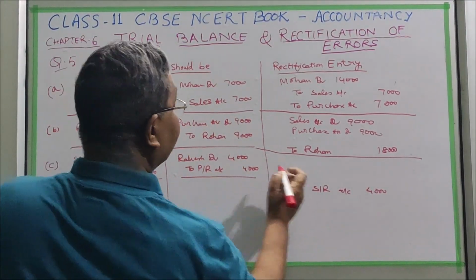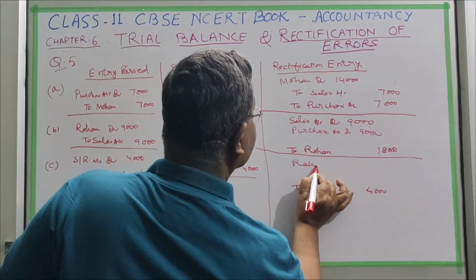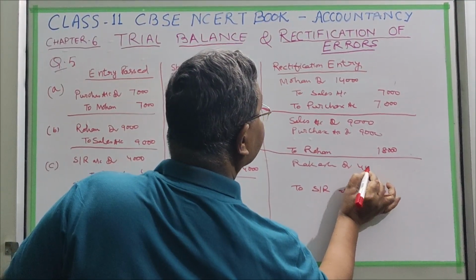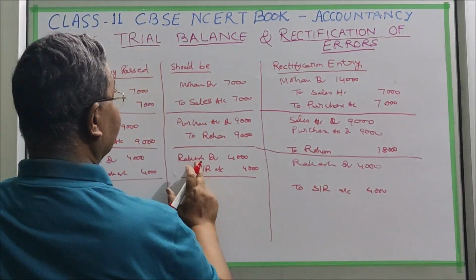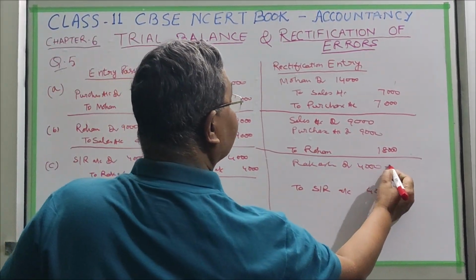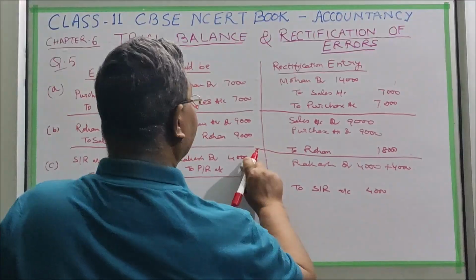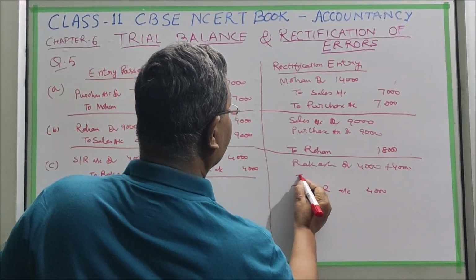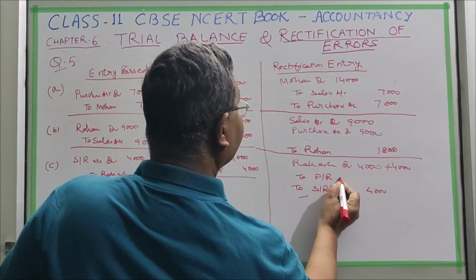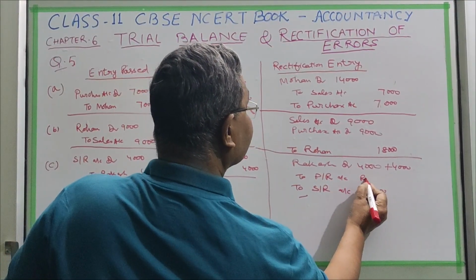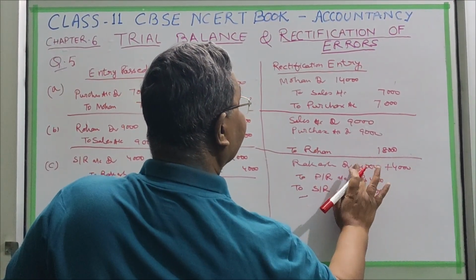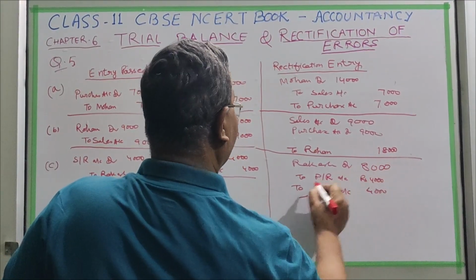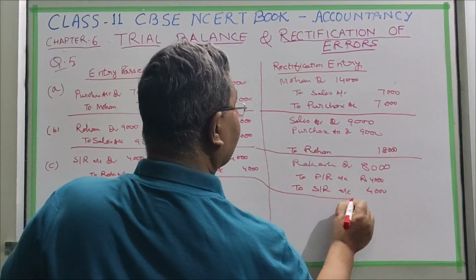Rakesh account debit 4,000. This correction, Rakesh account debit 4,000, to purchase return account 4,000, and here you can write 8,000. And this will be your correction.